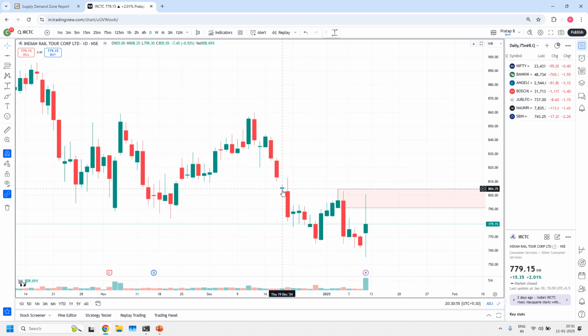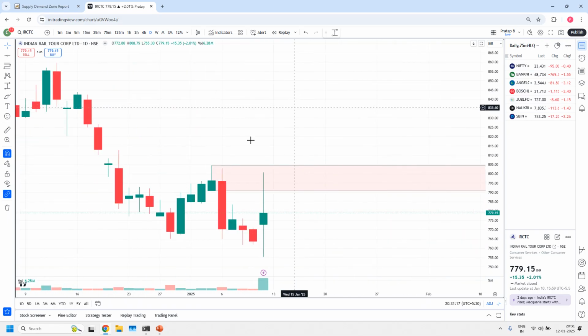Here also you have drop base, drop. But it is a hidden body. If you add it, it still qualifies as a base candle. That we have to verify. Small body, still wick is there. Anyway, this is a rally base drop.